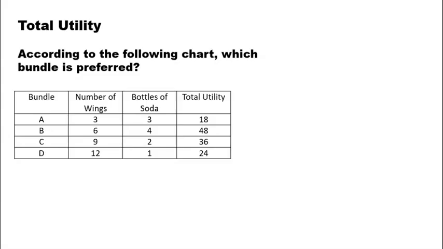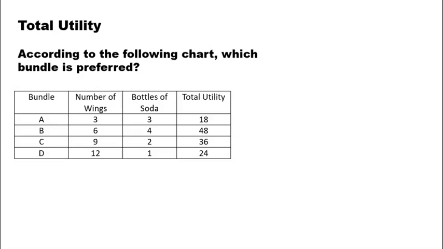So let's take a look at total utility first. As you can see in this table, you notice that the quantity of wings is inversely related to the quantity of soda being consumed. The total utility increases and then it decreases. Which one do you think would be preferred by looking at these numbers?